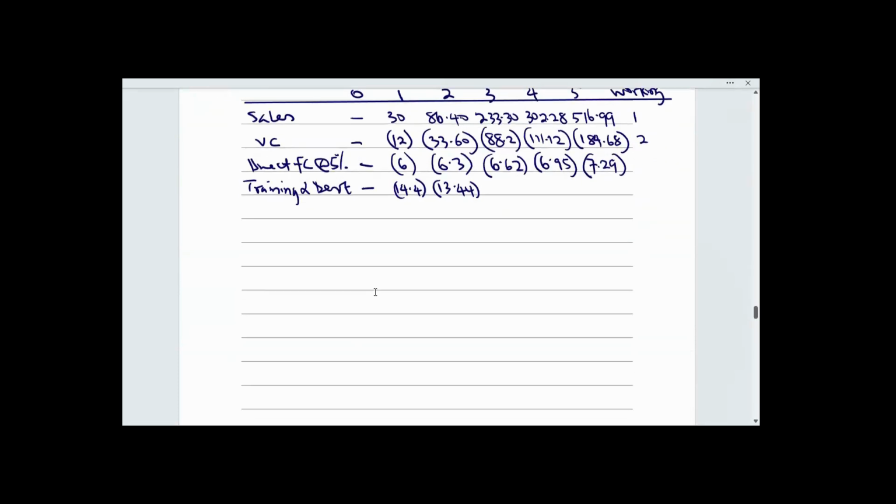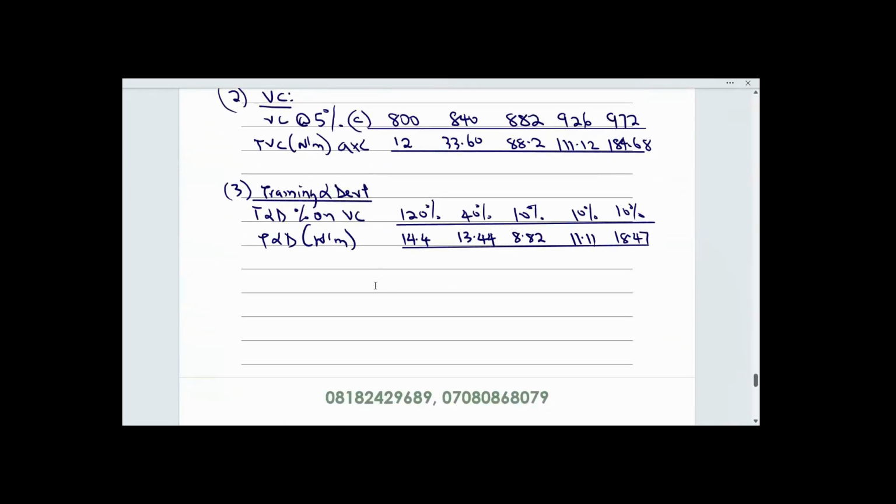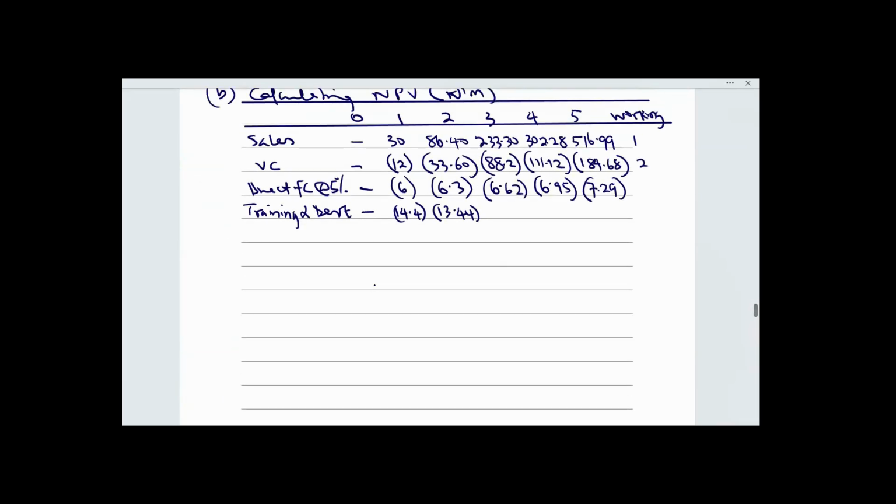Then in the third year it is 8.82. Then in the fourth year, 11.11. Then the fifth year is 18.47. I believe I'm correct. This is working number 3.